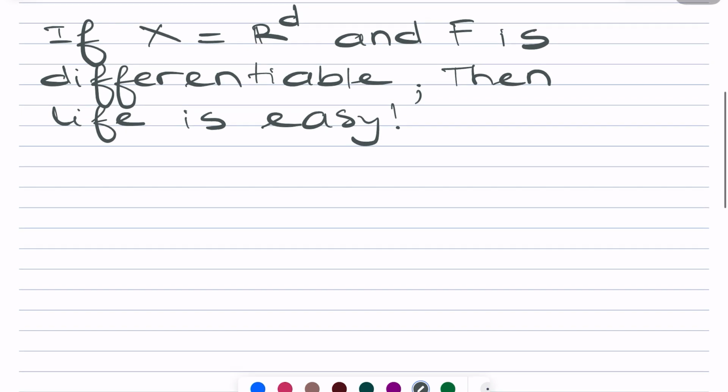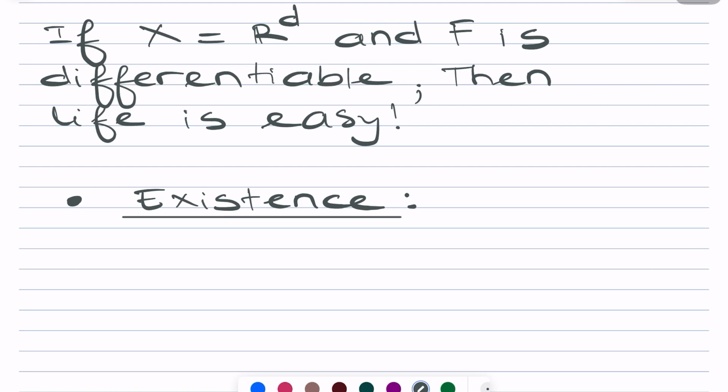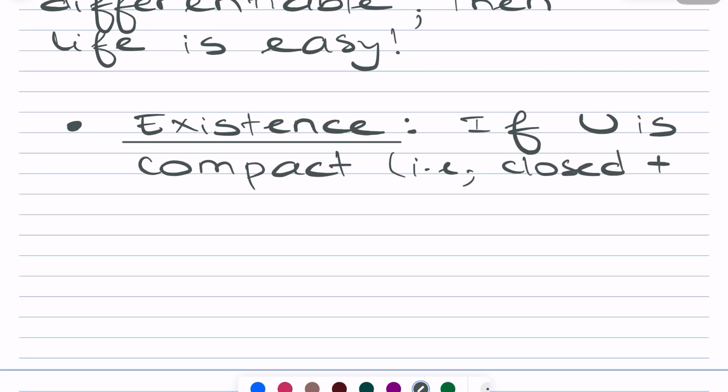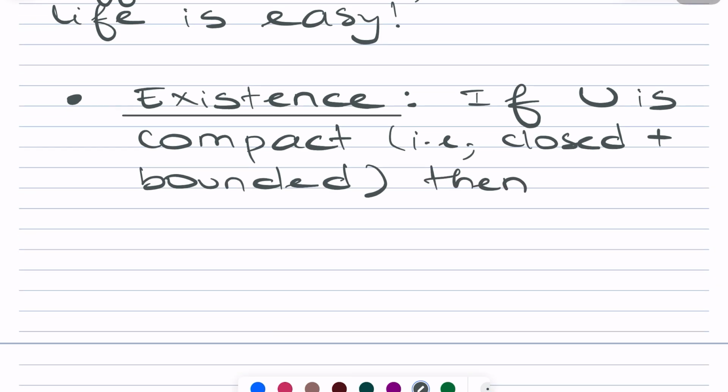Because for the existence of the minimizer, if you want to prove the existence, it follows from the fact that if U is compact, and compact in the finite dimensional case is equivalent to closed plus bounded, then the existence follows by the Weierstrass theorem.